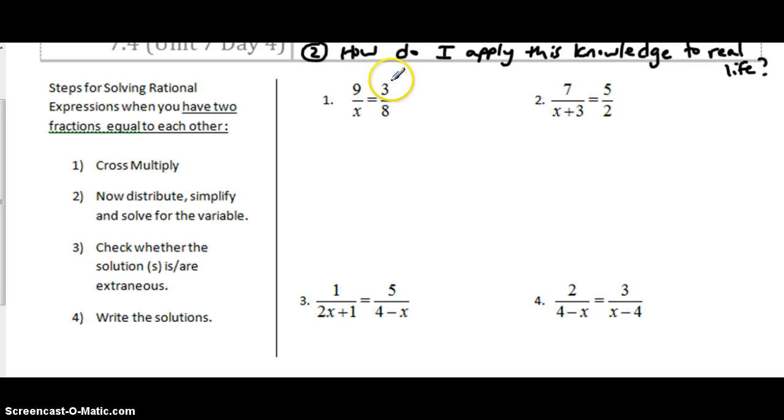So cross multiplying is just what it sounds like. We have 3 times x and 9 times 8. 9 times 8 is 72. And then you just solve for x. In this case, we'll divide by 3, and we get x equals 24.